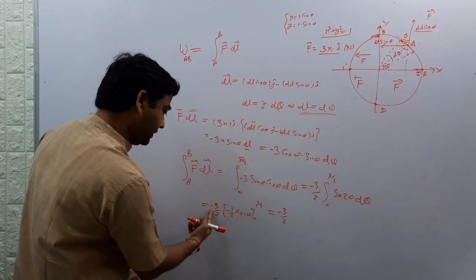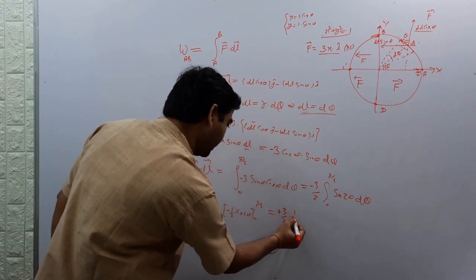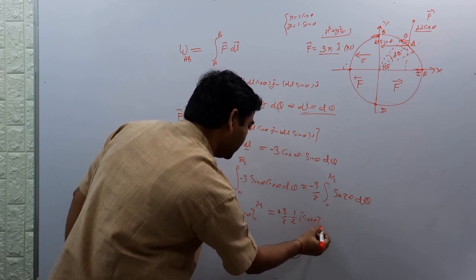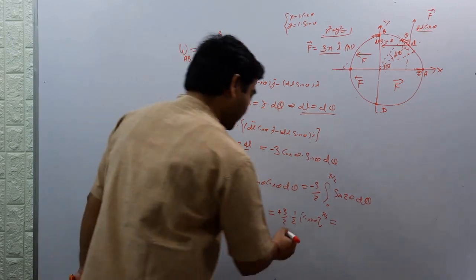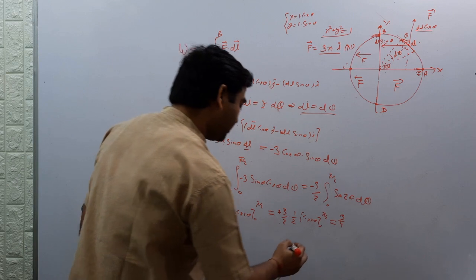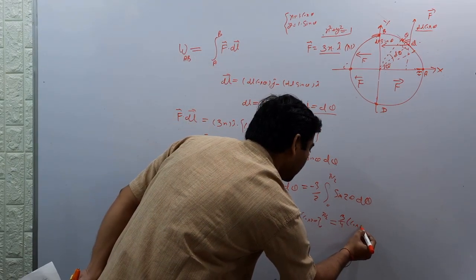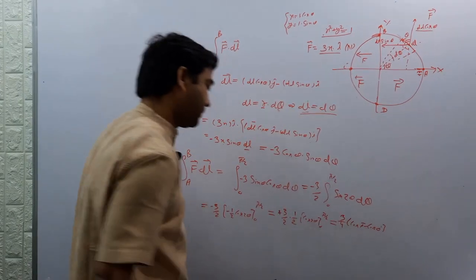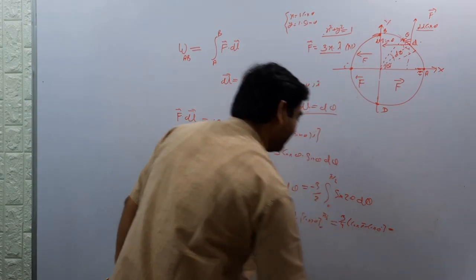This minus we are taking out, so it will be plus into 1 by 2 cos 2 theta from 0 to pi by 2, and this is 3 by 4 cos pi minus cos 0.